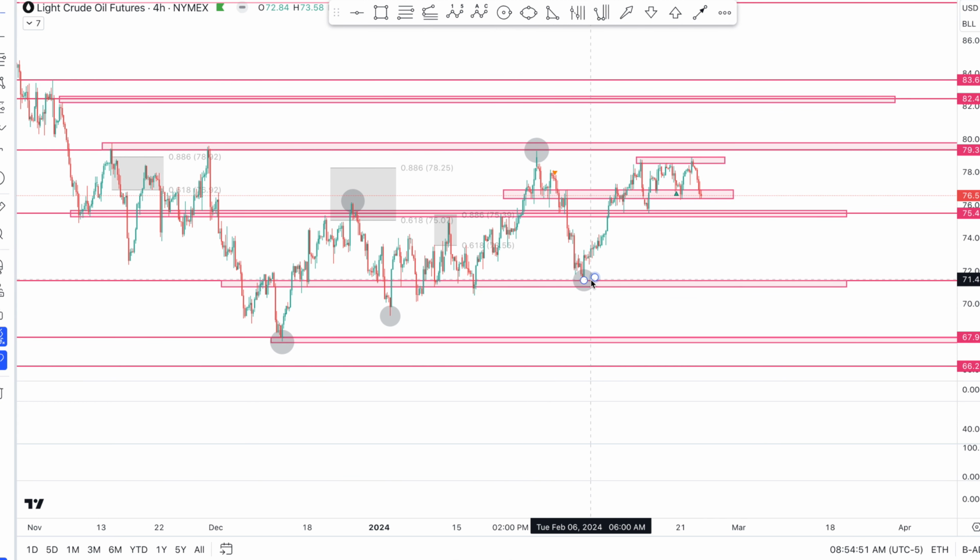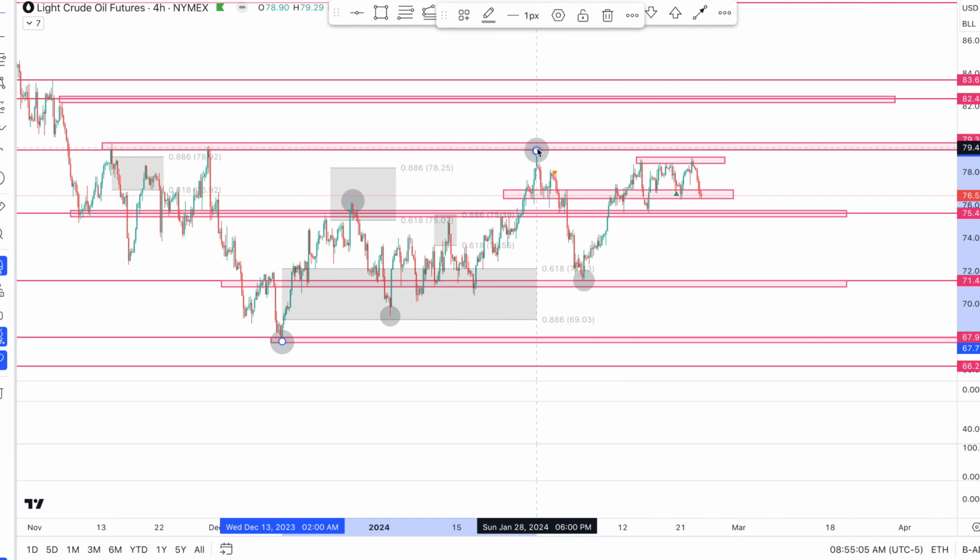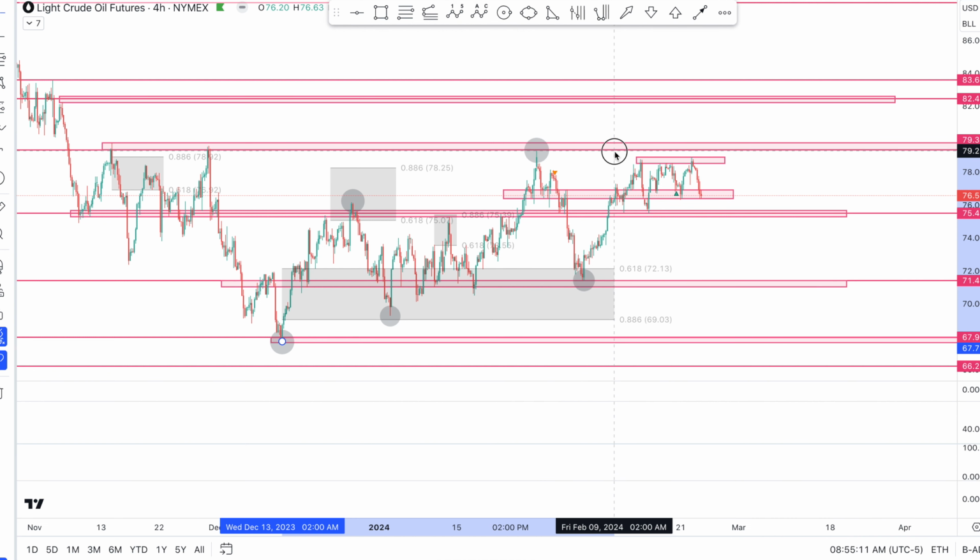It gave up. How much do you think that is? Think that's 618? I don't know. Let's find out. So I'm going to grab this swing low, which is 61.71, and put it on this swing high, which is 79.29. Drag that over so we can see exactly where it hit.